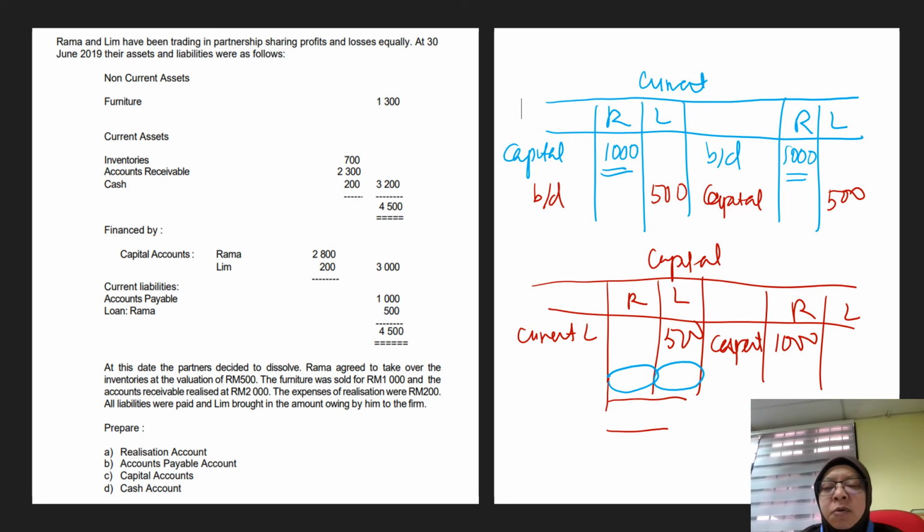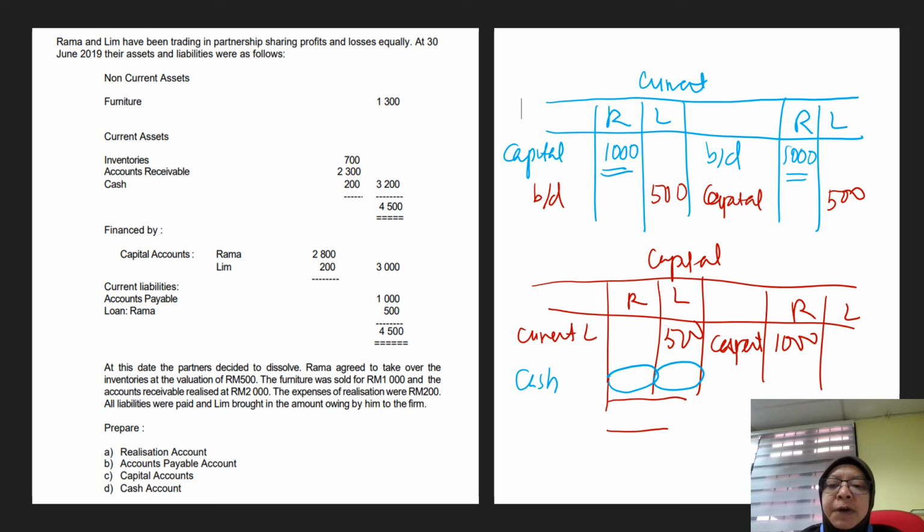Since this is the dissolution of the partnership, what we should do is clear off all the accounts. So for the capital account, there will be no more balancing figure or balance carried down. So we should transfer to the cash or bank account. Okay, that will be in step number 4. So what does it mean?